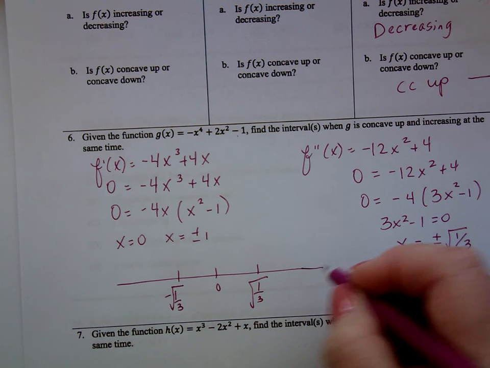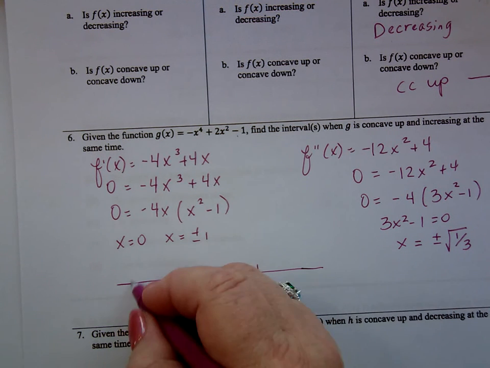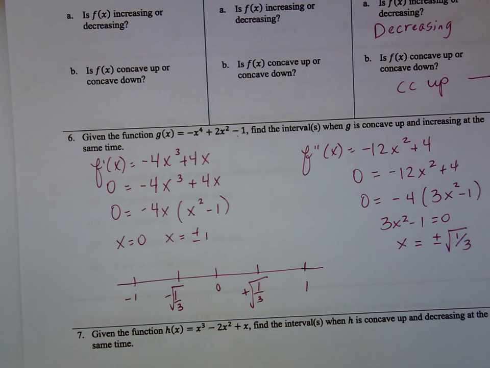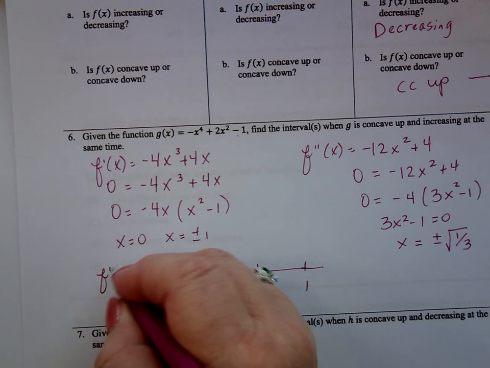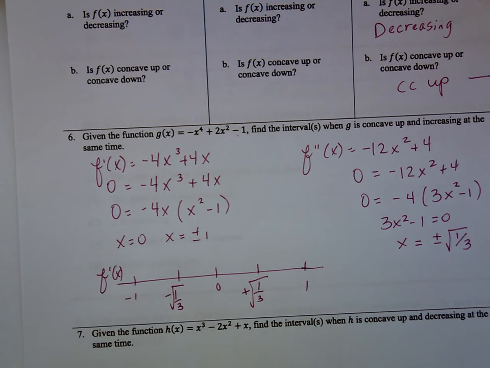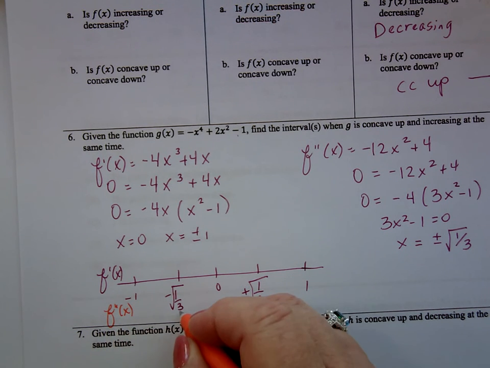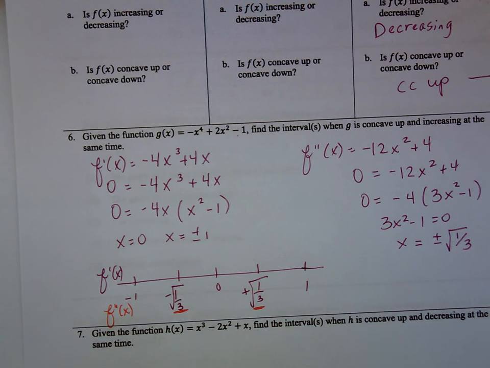All right, there's my positive and negative 1/3, and then here's my negative 1 and my positive 1. Up top, I'm putting my first derivative sign chart, and down the bottom, I'm going to put my second derivative sign chart for this guy and this guy. Let's try it.